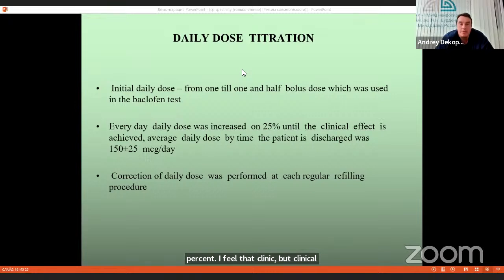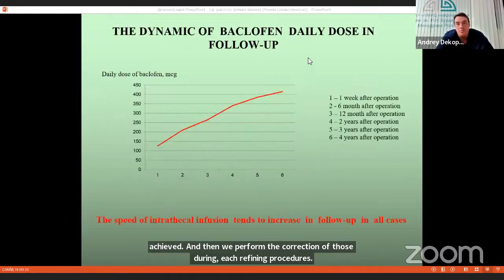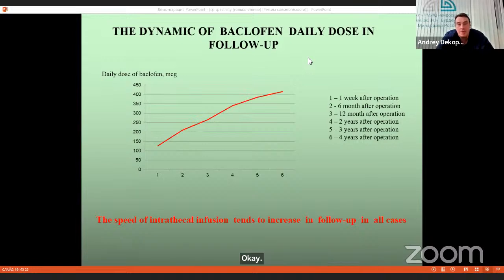And then we perform the correction of daily dose during each refilling procedure. This picture demonstrates the dynamic of baclofen daily dose in follow-up. And in all cases, the daily dose tends to increase.